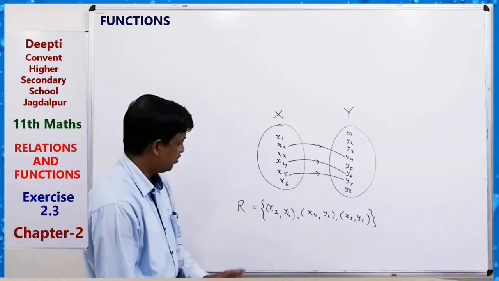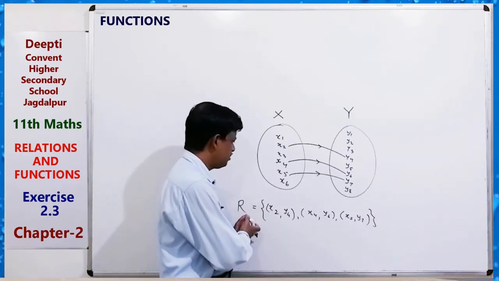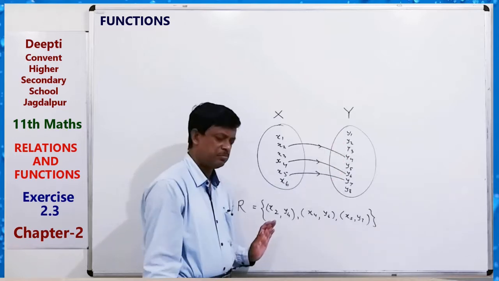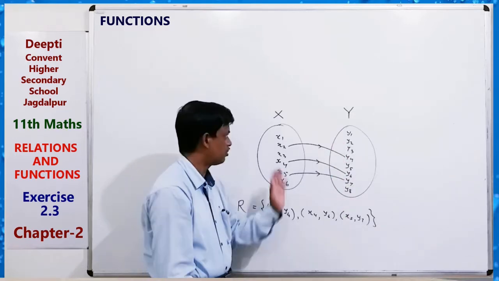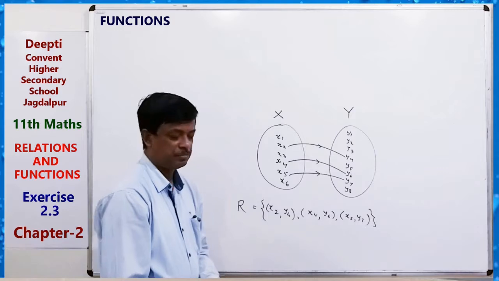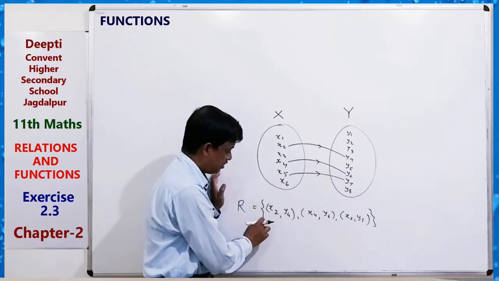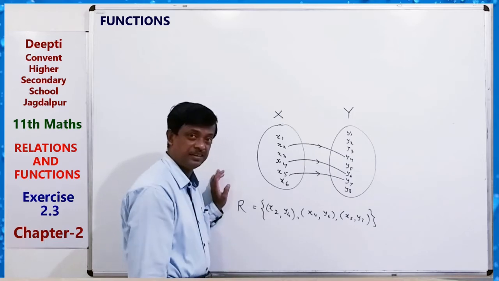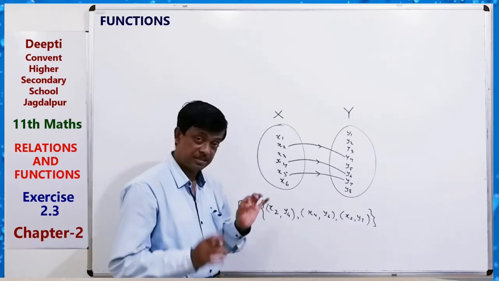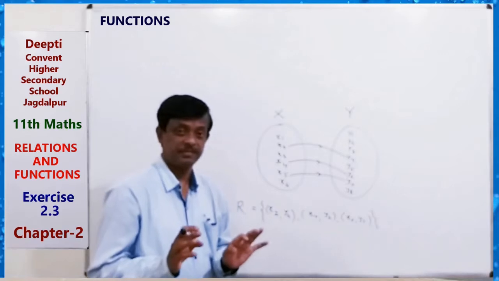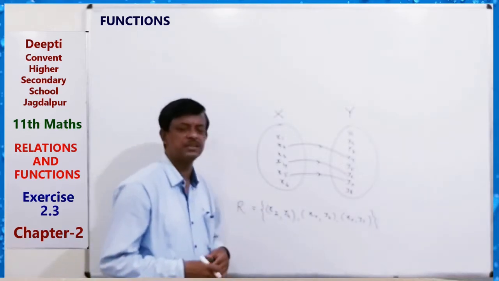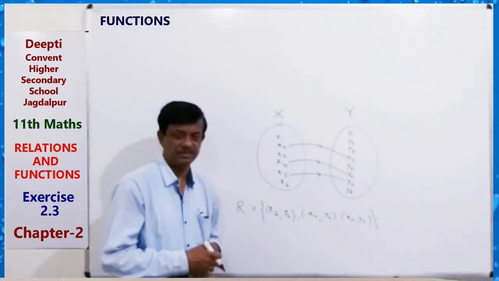Now, there may be many different types of relation from X to Y, but for the function we require a particular type of relation. Function is a special type of relation.